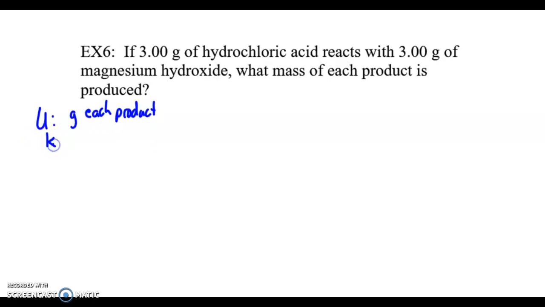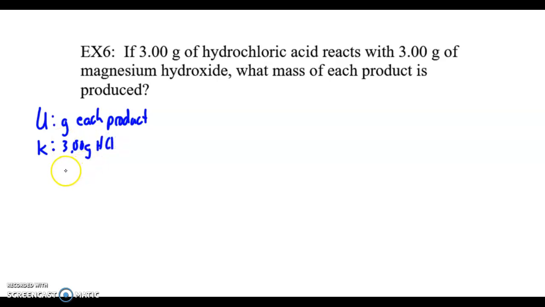Okay, so we know 3 grams of hydrochloric acid, and we also know 3 grams of magnesium hydroxide. Both of which are reactants.